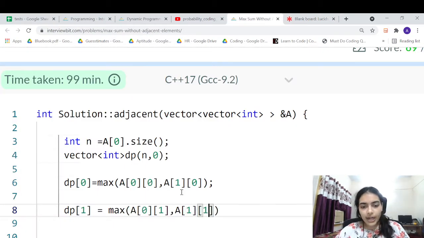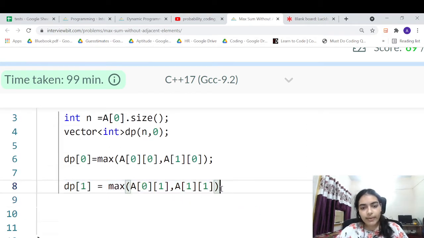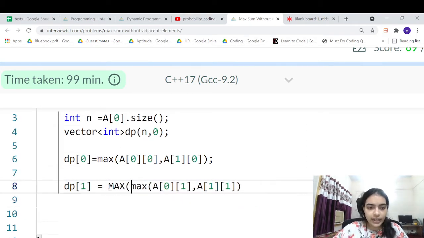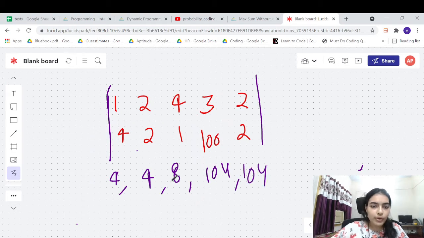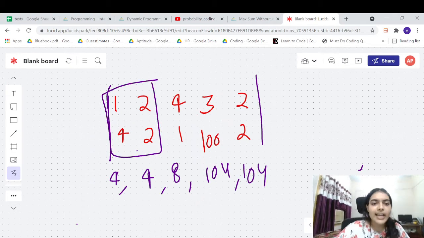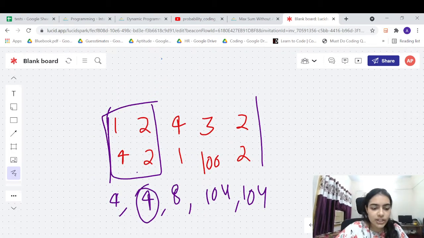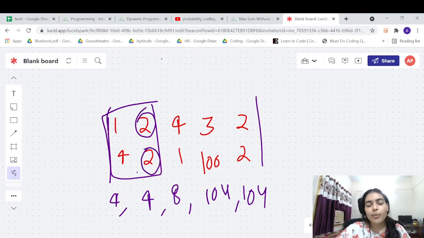But dp of 1 will not have just this value, right? It can also take the value of dp of 0. So whichever is maximum. By dp of 1, let me erase all this, what do I mean? dp of 1 means this entire space. So in this case our answer is 4, but 4 was not found in this column, so we should not just take the maximum of these two values.